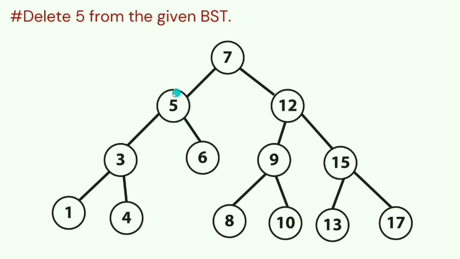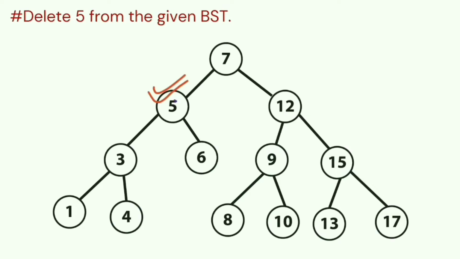Right. So the first step is we will search this node in the binary search tree. Here we have two ways. The first way is we can replace this node with the maximum node present in the left subtree or with the right children. So let's see the first way.